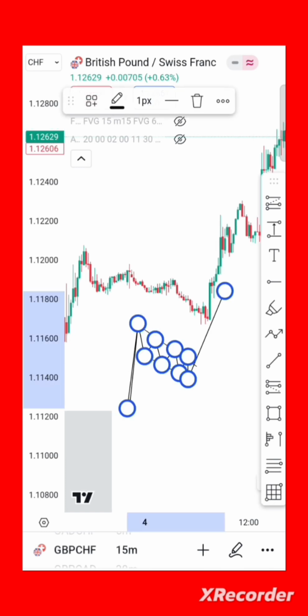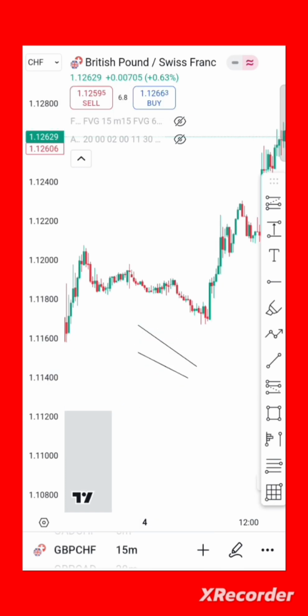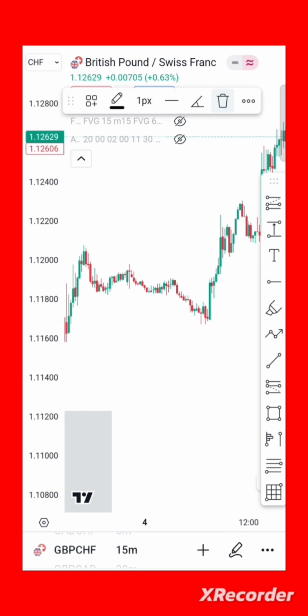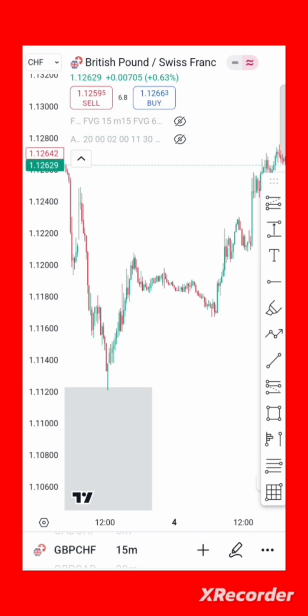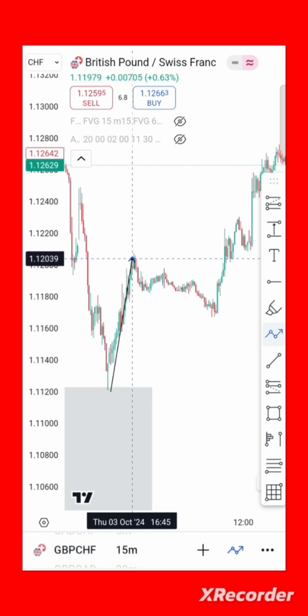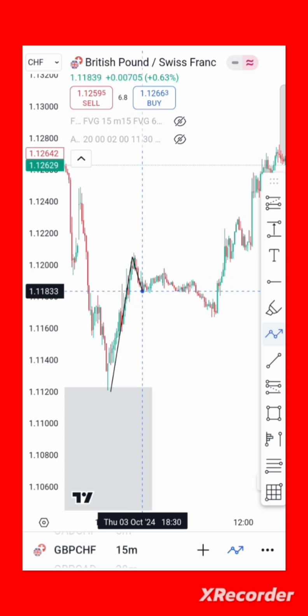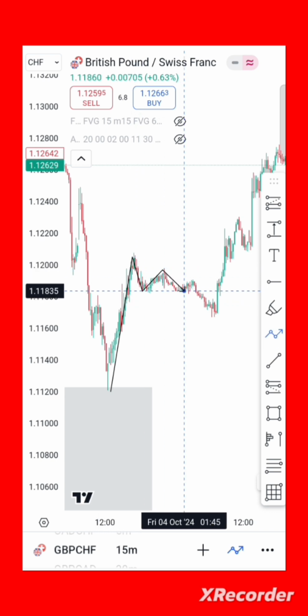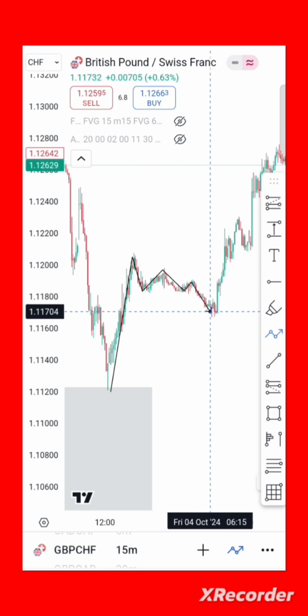So as soon as I saw all of this, I knew what the market was going to do next. I saw this up move, and I began to see this whole dancing to the downside. I knew what was going to happen.